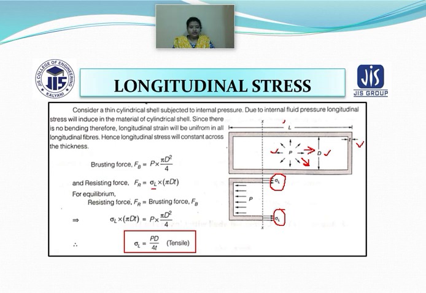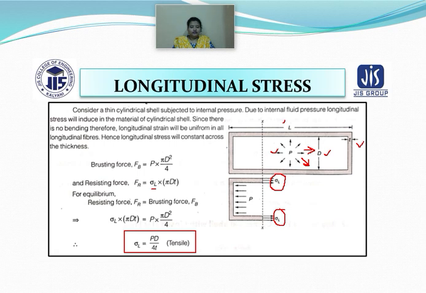Here what is important is that you are making a section through XX, and you can see how the pressure is exerted in the thin wall. You can see the stress that has developed here, denoted by sigma L, at both ends of that cylinder.